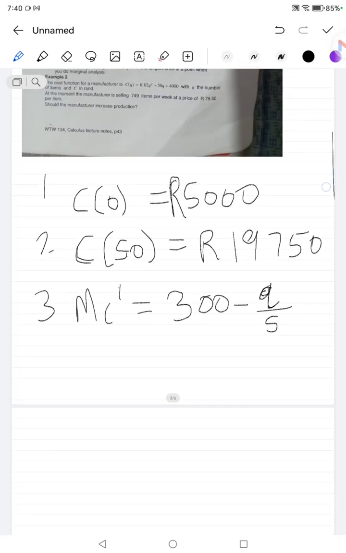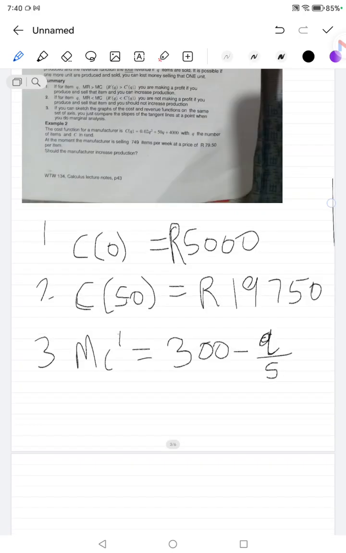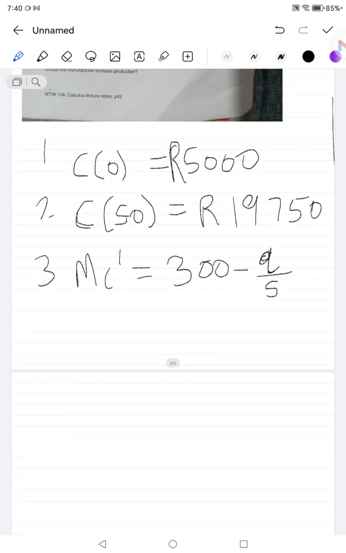Then we have to input 50 into this. What do you get?